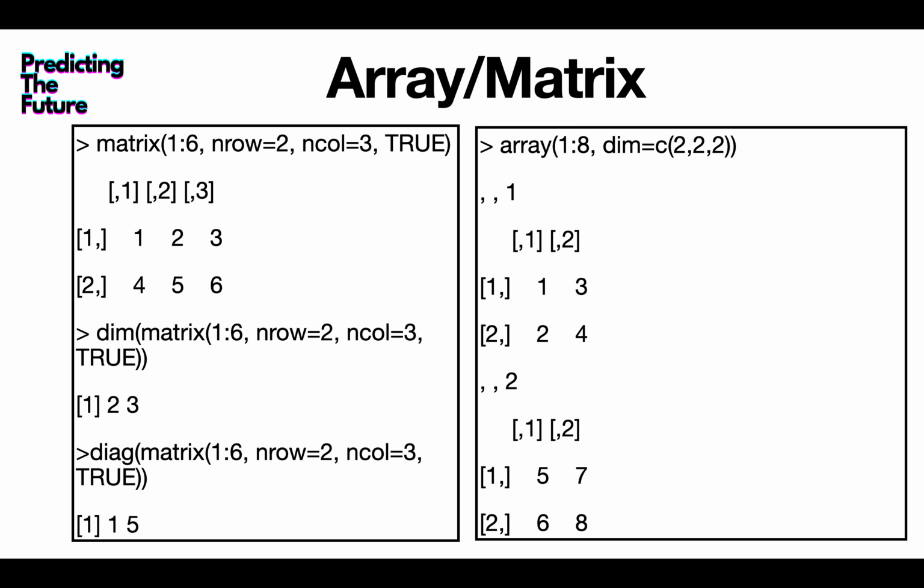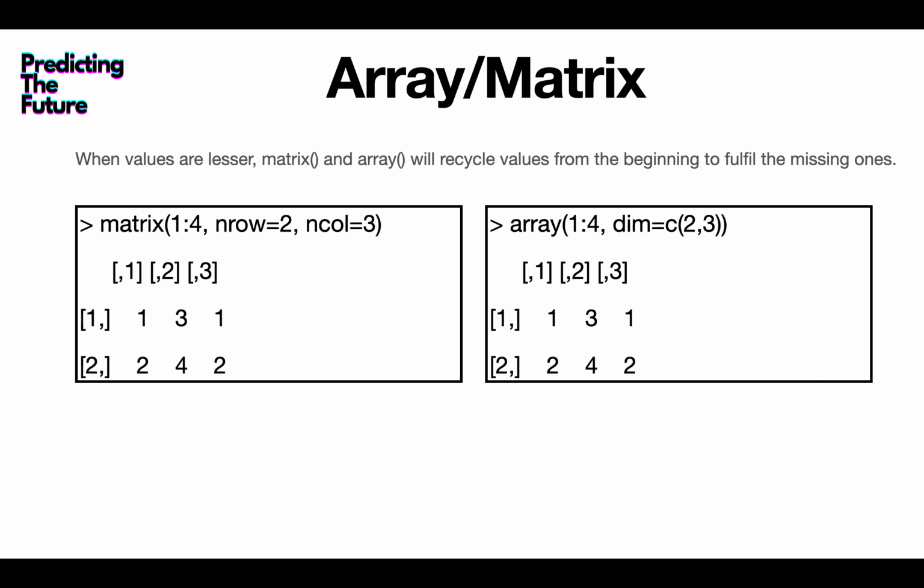On the right side is what we just talked about. We can use array to create more than just a 2-dimensional matrix. We can create a 3-dimensional matrix, so now we are creating a 3-dimensional matrix that is 2 times 2 times 2.